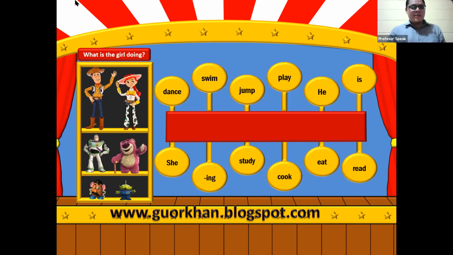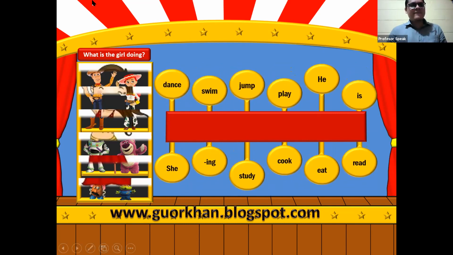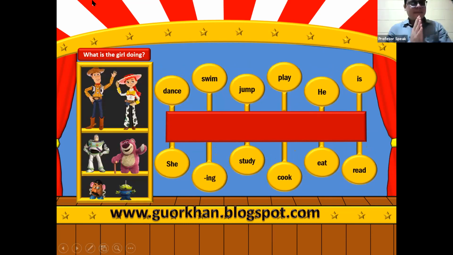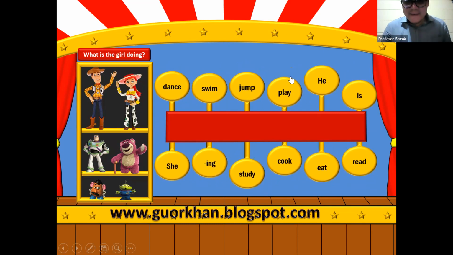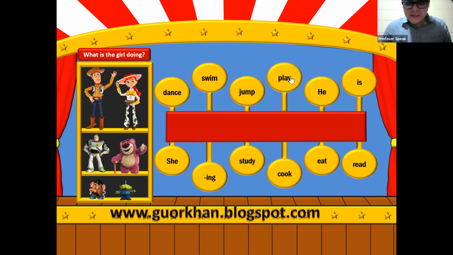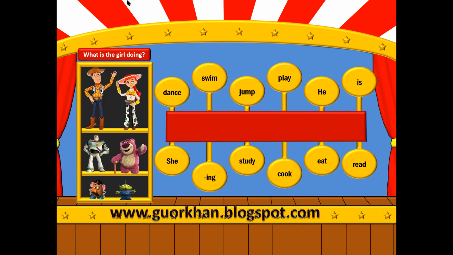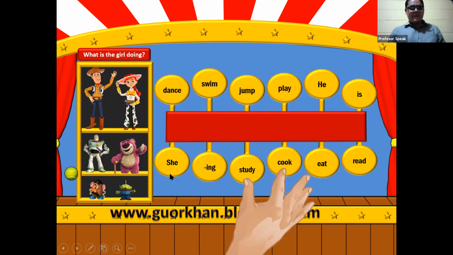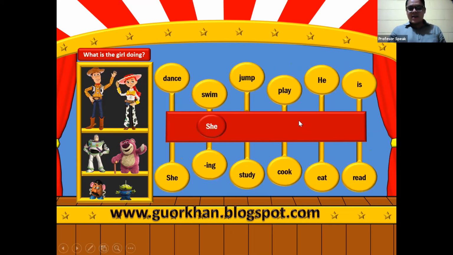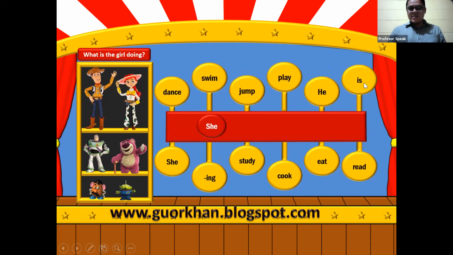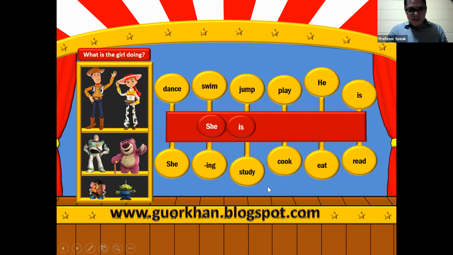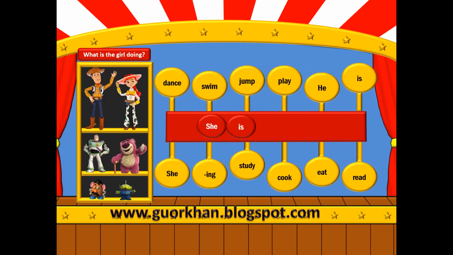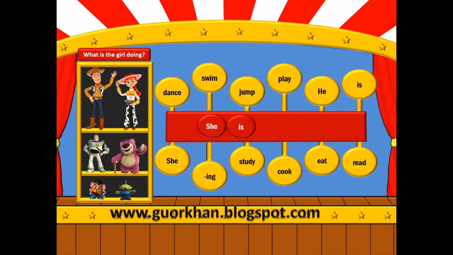Yes. Okay, all right. So let me show you the picture. The picture disappeared. Okay, and now give me the complete sentence, please. She is... She is what? Dancing. Really? Are you sure?